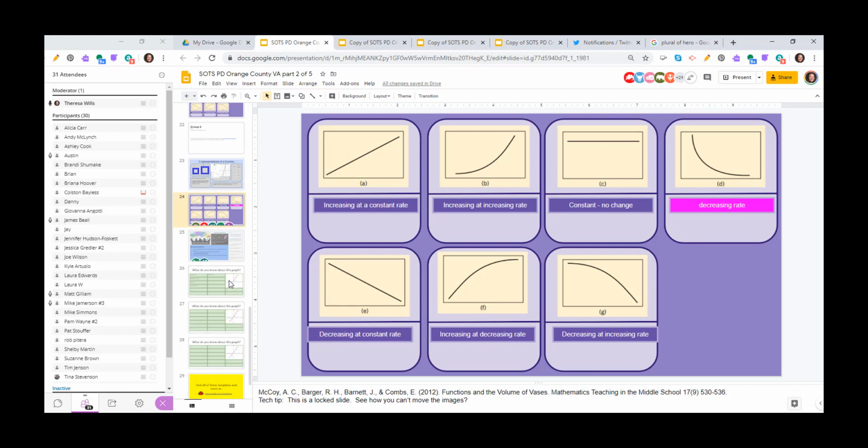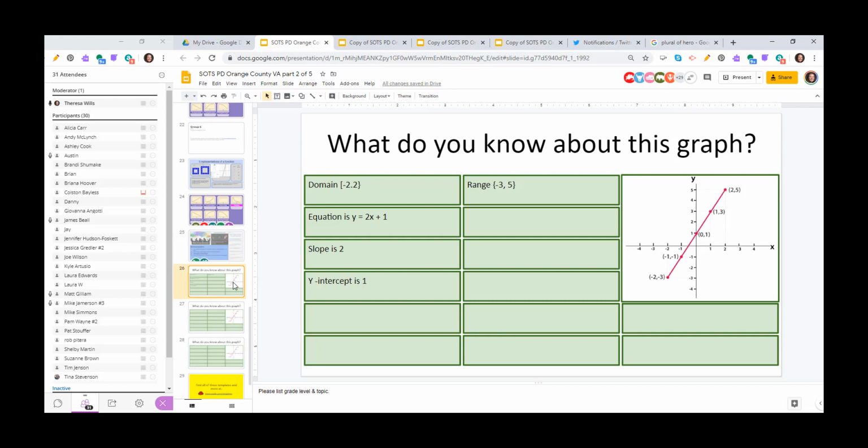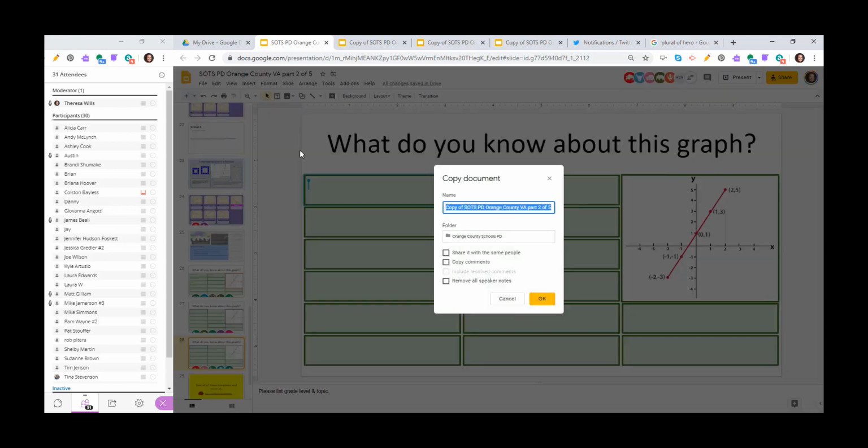All right, folks, our final thing for today is on slide 26, 27, or 28. They're identical, so pick a text box there and tell us something you know about that graph. What is something you know about that graph?